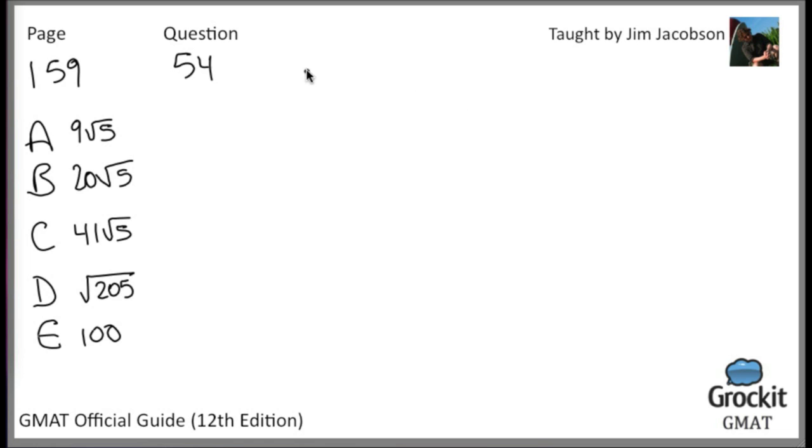So some things to remember. Let's just get this up on the board. Square root of 80 plus square root of 125. So remember that when you're dealing with radical signs, if you have the square root of x times y, that equals the square root of x times the square root of y.